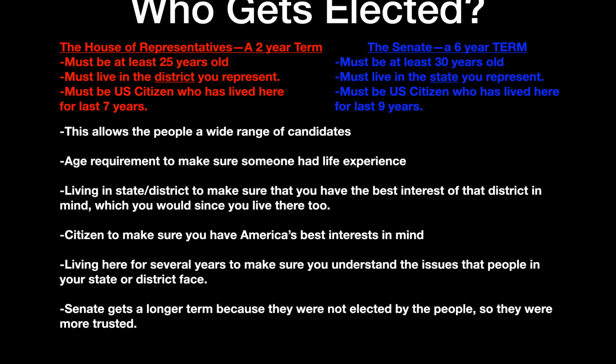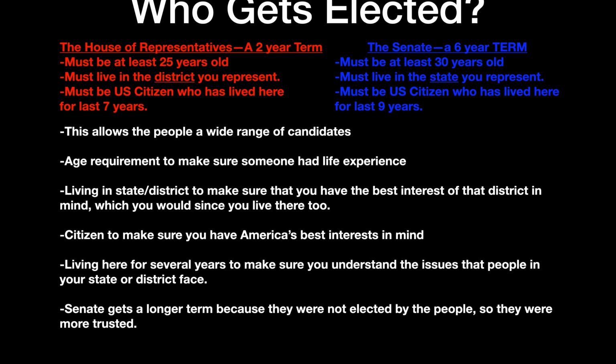So it kind of means you really haven't lived among the people and understood the issues that face the people of Maine. It means you got to live here 7 years until you run. And by the way, citizen means any type of citizen. As long as you're a United States citizen, whether you were born a U.S. citizen or you became one sometime later in life, you can run for the Senate and the House.